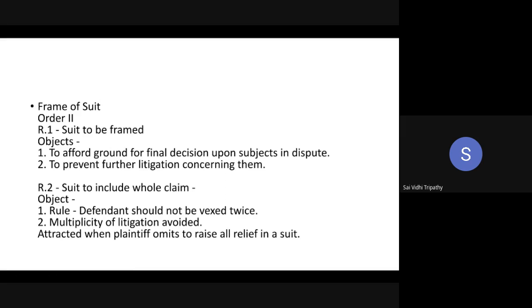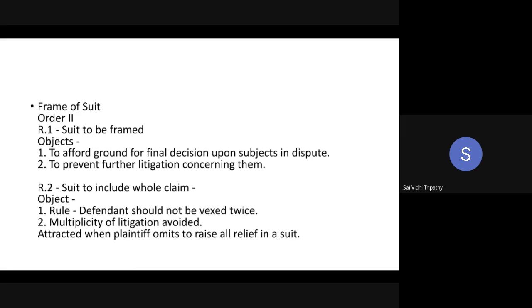Order 2 Rule 1 says that the suit, as it is framed, has an object. So Rule 1 is saying about the object only, that what are the objects, how a suit will be framed.